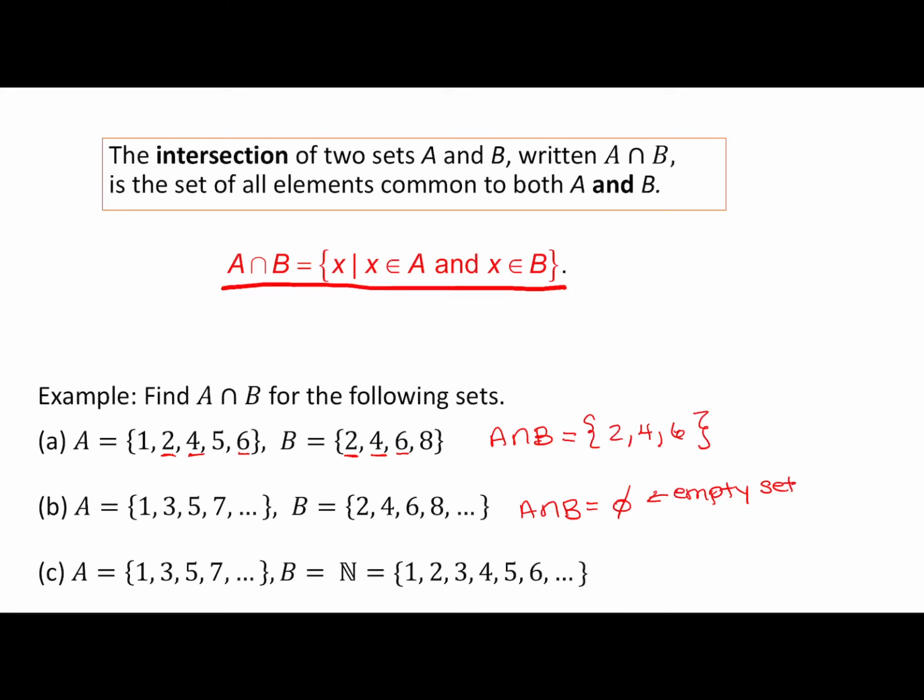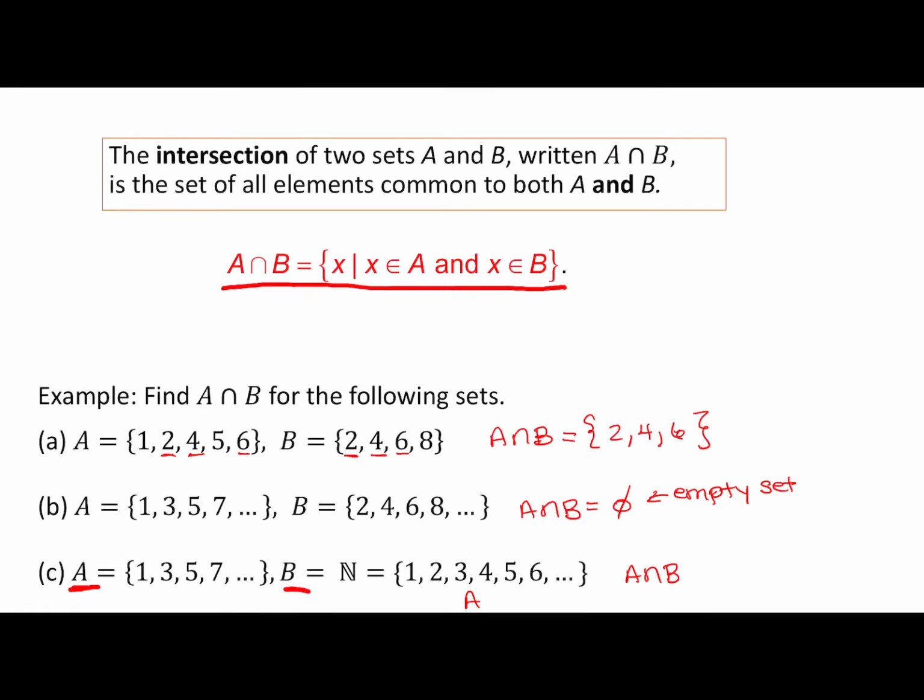What about A, again, is going to be the set of odd whole numbers, and now B is going to be the set of natural numbers, so 1, 2, 3, 4, 5, and so on. What's the intersection here? Well, here, if you notice, my set A is contained in B, right?